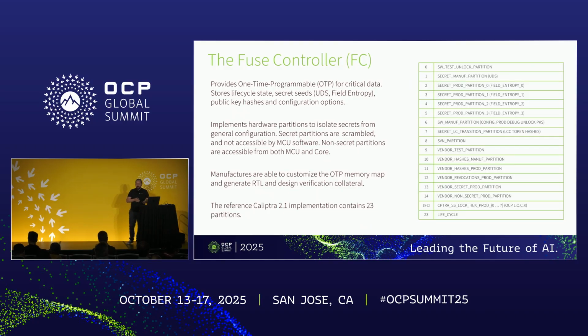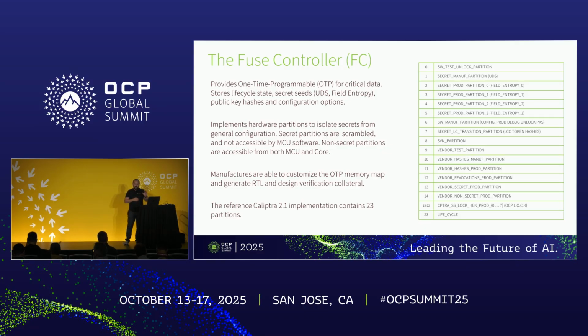The other big component in the Caliptra Subsystem implementation is the fuse controller. You can think of the fuse controller as the vault and the storage media for the state of the device. In particular, the fuse controller used in Caliptra implements the concept of hardware partitions.